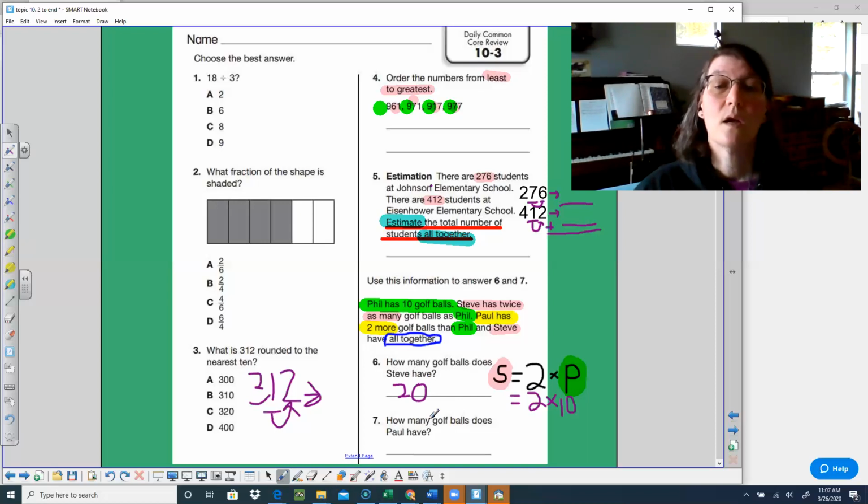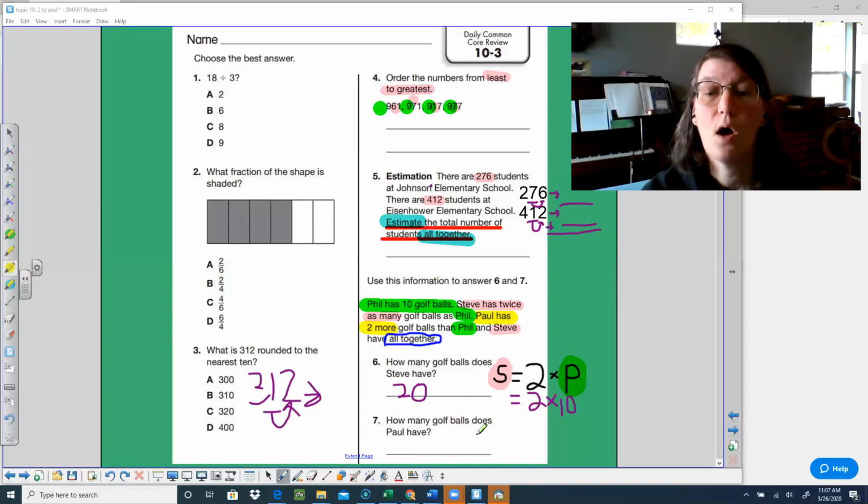There we go. Now this next one is a little trickier because we have layers of stuff going on for this problem. Now that we have figured out Steve, we can use that information to figure out how much Paul has. So it says Paul has 2 more golf balls than Phil and Steve have all together. So I'm going to write kind of like I did last time. This time I'm going to say Paul.